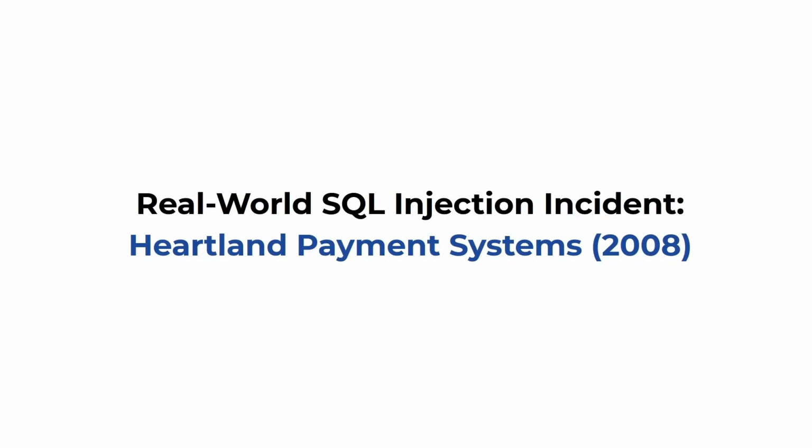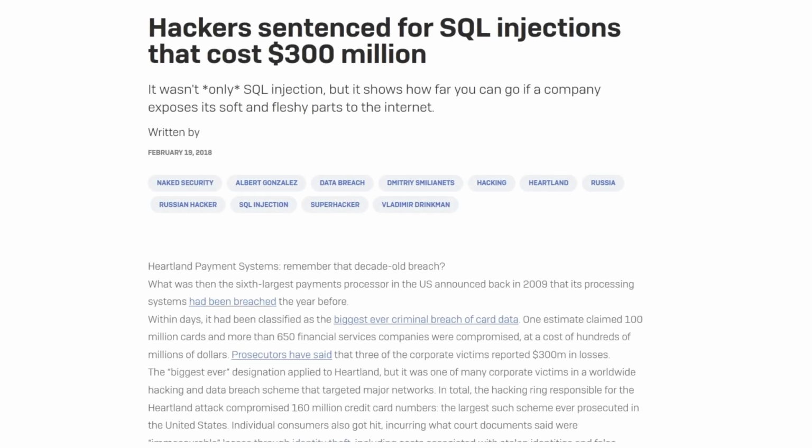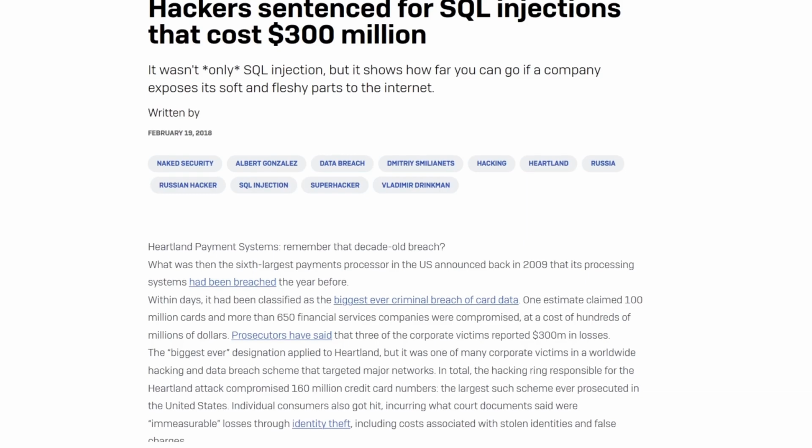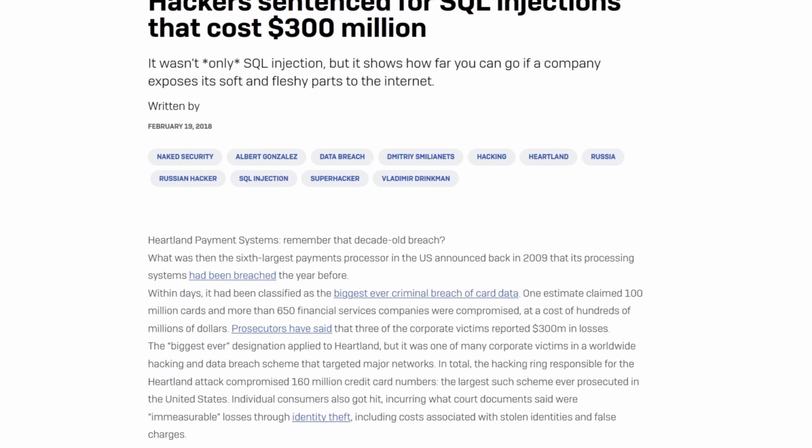Now let's see a real-world SQL injection incident which took place at Heartland Payment Systems. This isn't just theory. SQL injection has devastating real-world consequences. One of the most famous incidents was with Heartland Payment Systems in 2008.